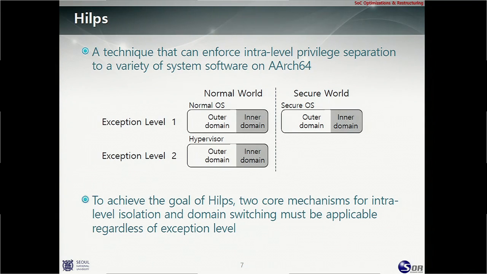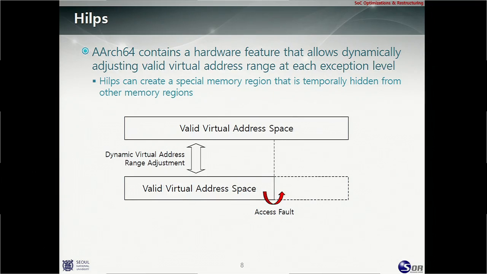To achieve the goal of Hilps, its two core mechanisms for intra-level isolation and domain switching have to be applicable regardless of exception level. Fortunately, we found a hardware feature of AArch64 that can dynamically change the valid range of virtual addresses.